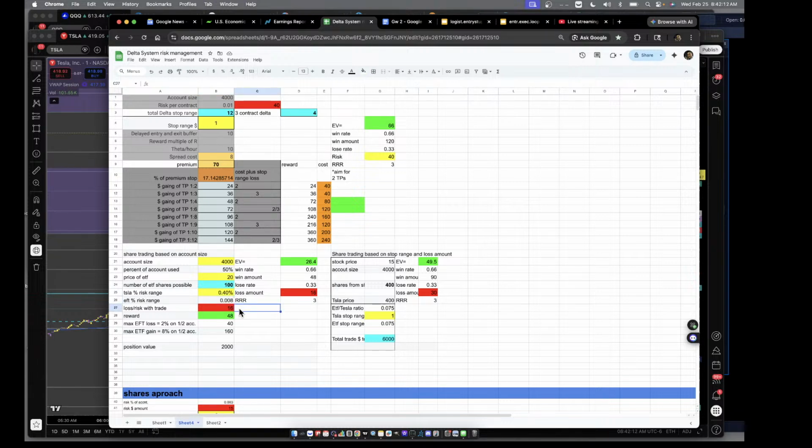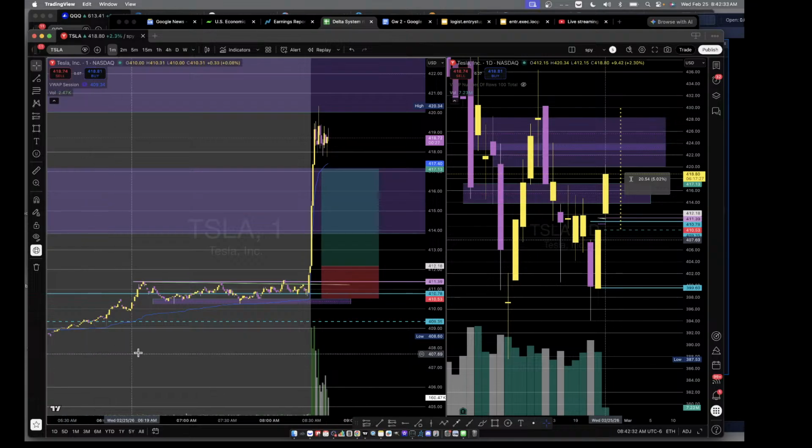Okay, now I got another problem to solve. Say if it was 1%. Now I'm losing $40. You get me? So I need to cap my risk, and that's something I haven't done. I haven't capped my risk.